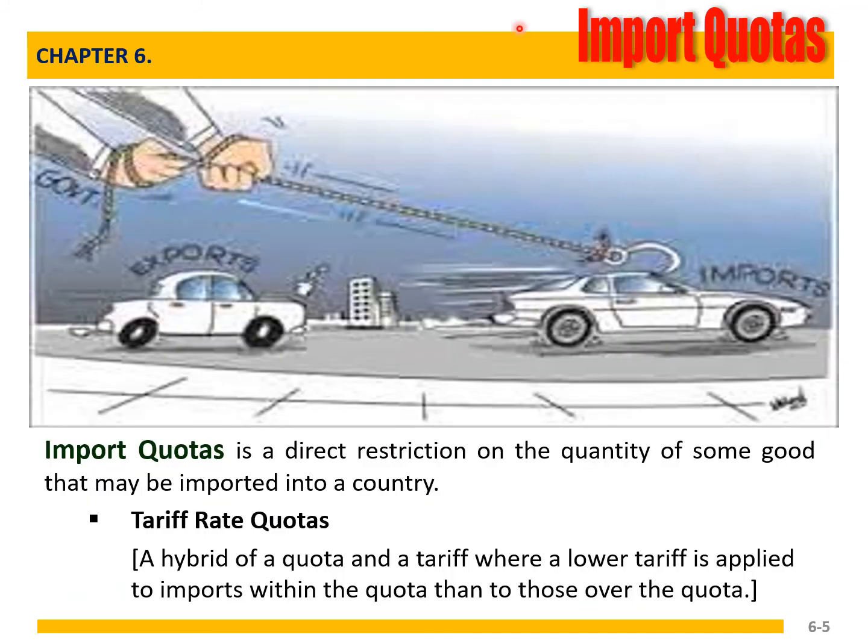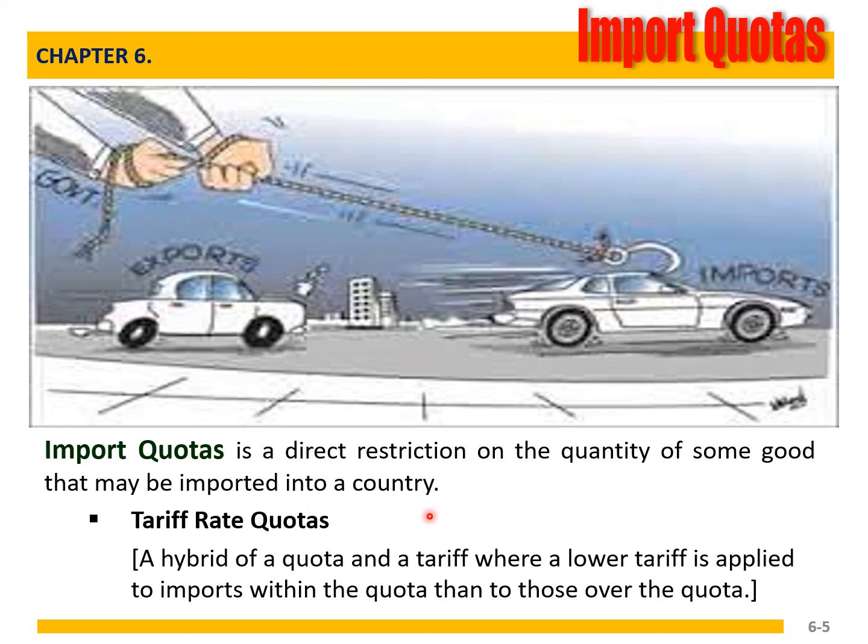Coming up next, import quotas. An import quota is a direct restriction on the quantity of some goods that may be imported into a country. The restriction is usually enforced by issuing import licenses to a group of individuals or firms. A common hybrid of quotas and a tariff is known as a tariff rate quota.